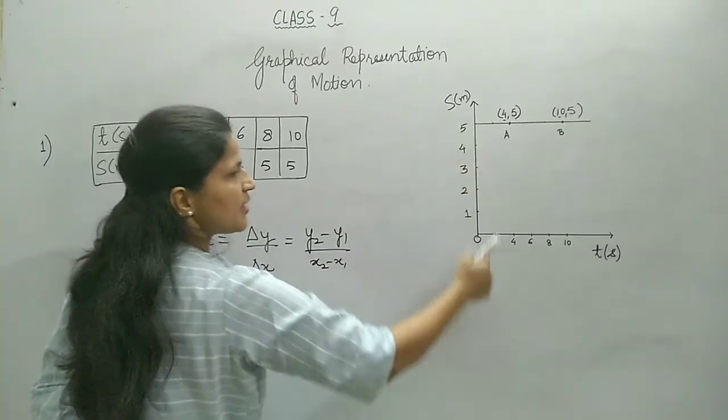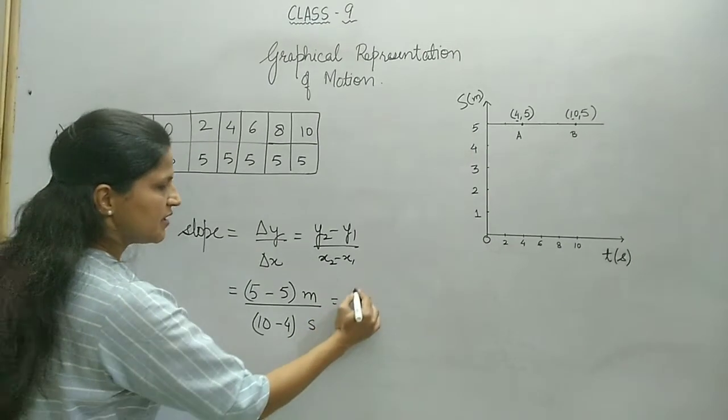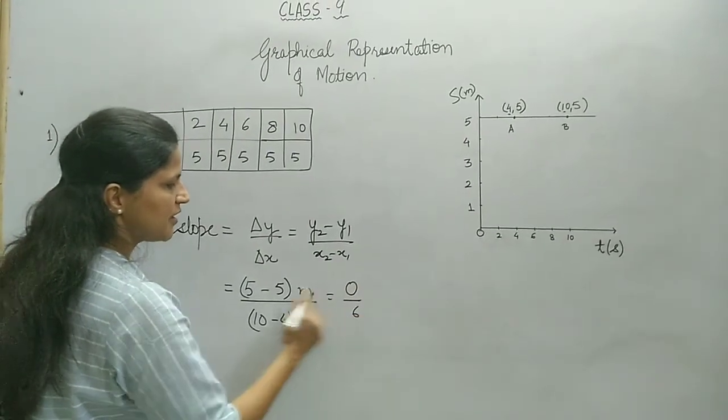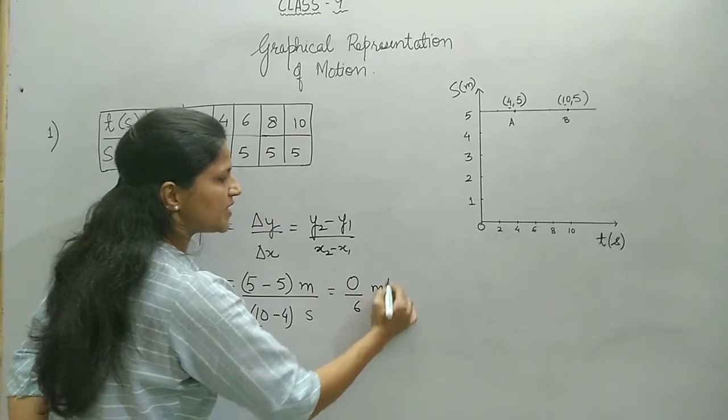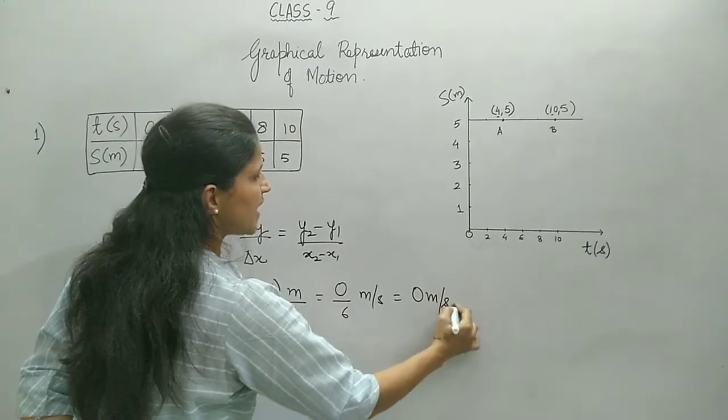And these values are measured in seconds, so I write second here. This becomes 0 upon 6 and the unit becomes meter per second, which is equal to 0 meter per second.